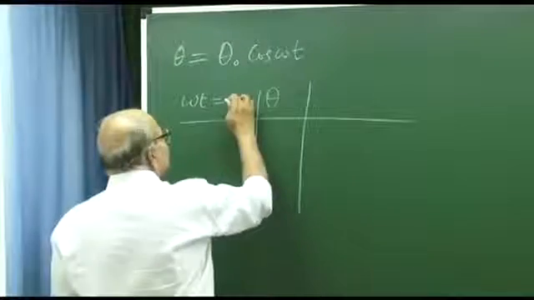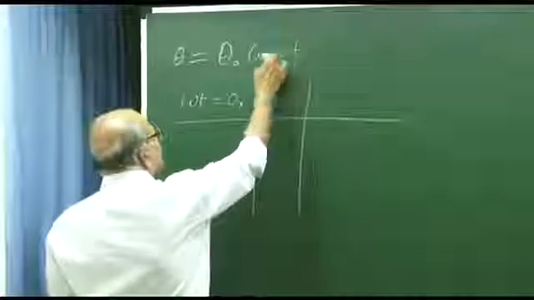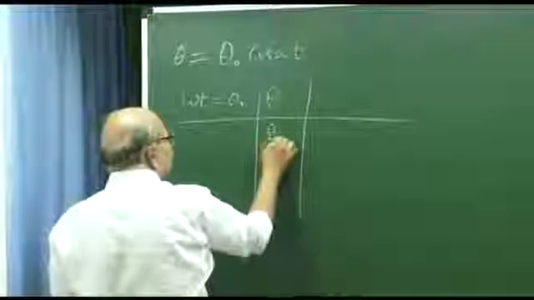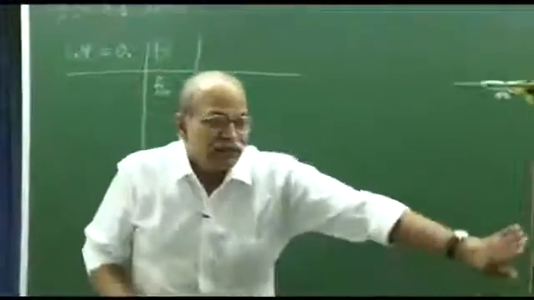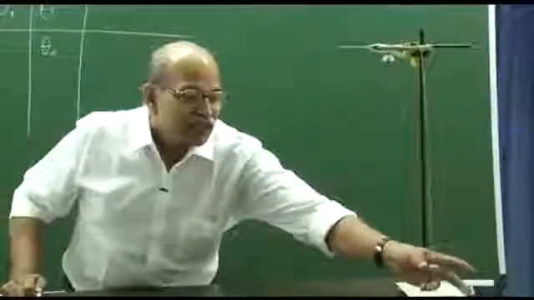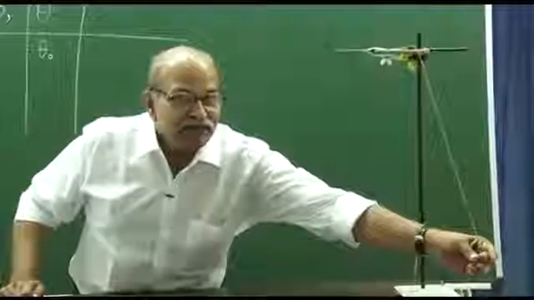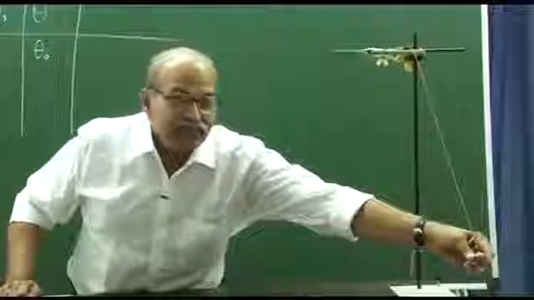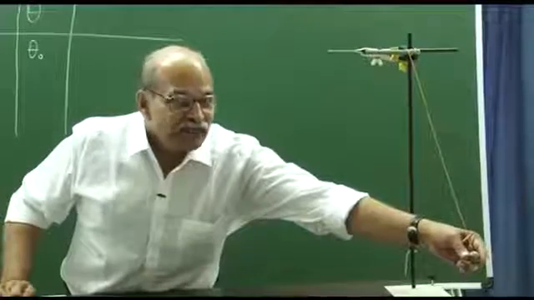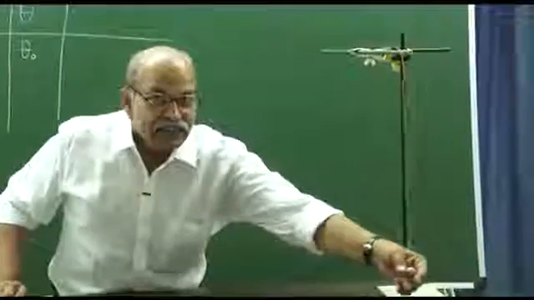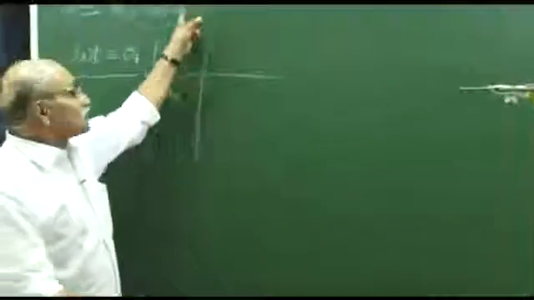Theta is equal to cos of 0 is 1. So, theta is equal to theta naught and it is positive. So, the pendulum is on its positive extreme, this position, theta naught. And what is the velocity here? The angular velocity is 0. Once it is at extreme, the angular velocity is 0. That also will come from here.